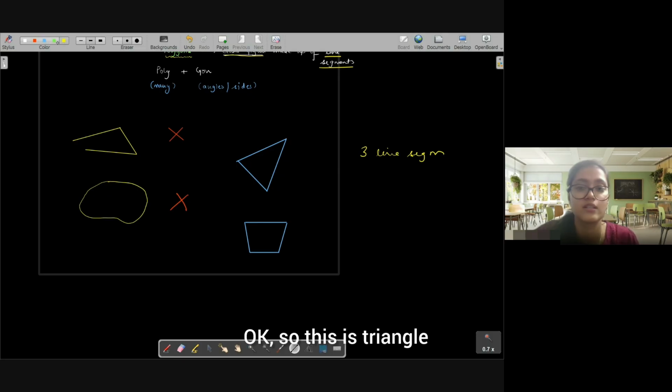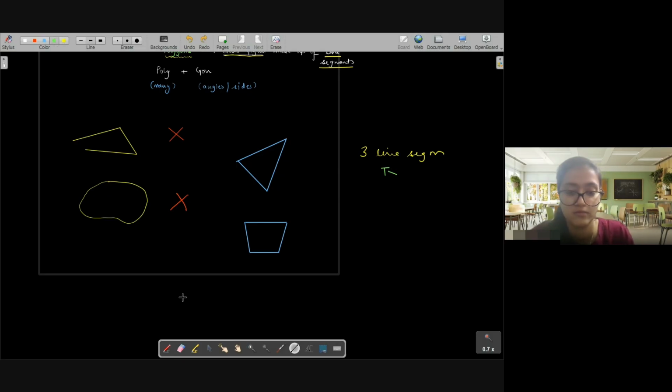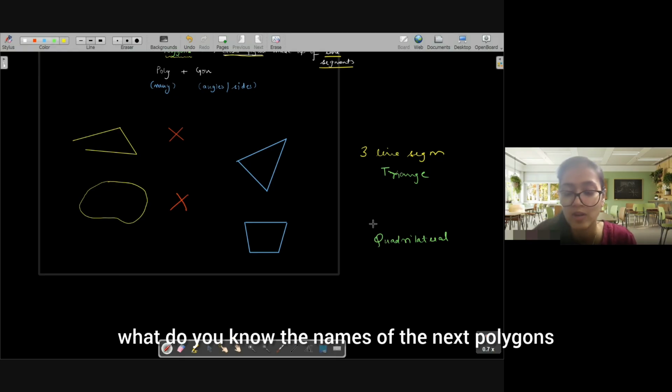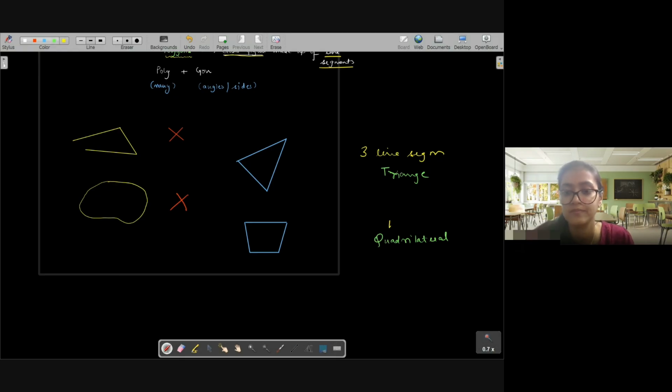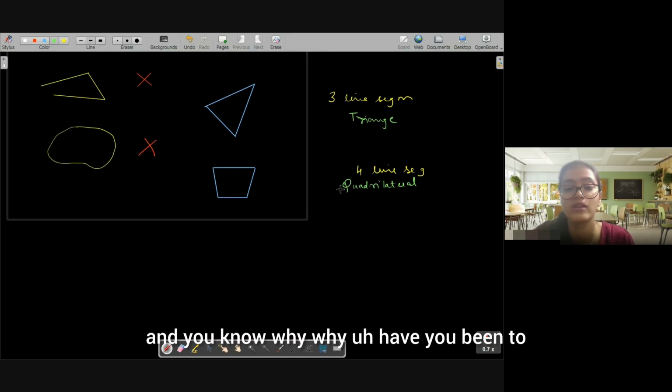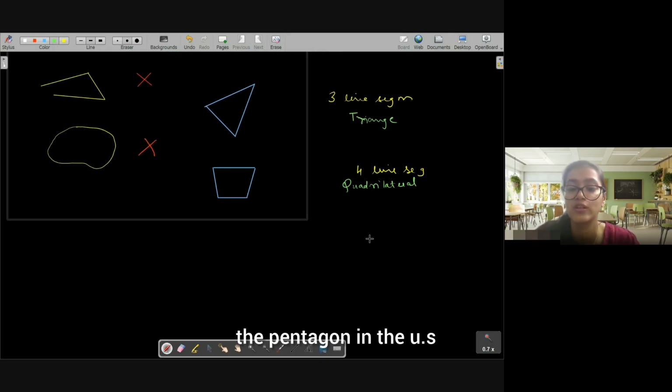So this is a triangle, a quadrilateral. Similarly, if we keep increasing the number of line segments, do you know the names of the next polygons? A pentagon. Exactly. Have you been to the Pentagon in the US?